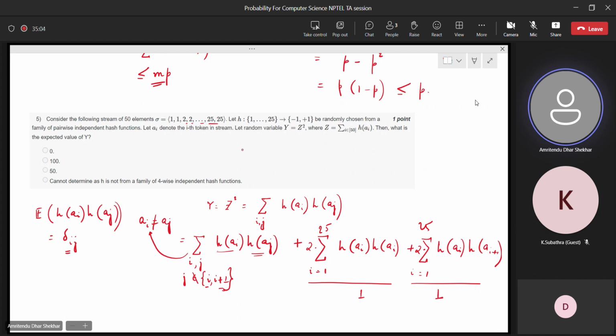Because when you are taking the sum over this, each of these numbers from 1 to 25 appears twice because the stream is repeated. And similarly, here you have a_i plus 1, and you would also have a_i plus 1 a_i. So it's twice of that. So yeah, 100 is the right answer. It's not 50.